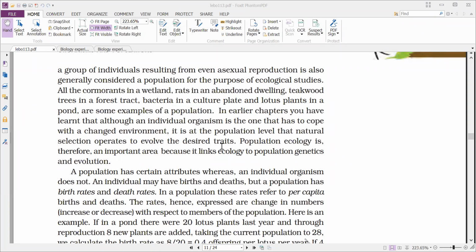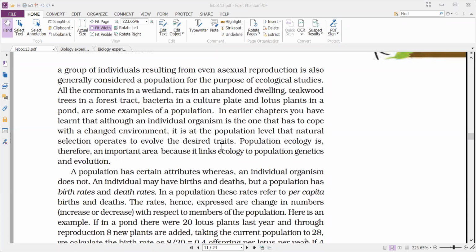We already said very clearly that the population or any organism will try to change according to the changes taking place in the environmental conditions. They try to adapt. This means natural selection operates to evolve the desired trait.